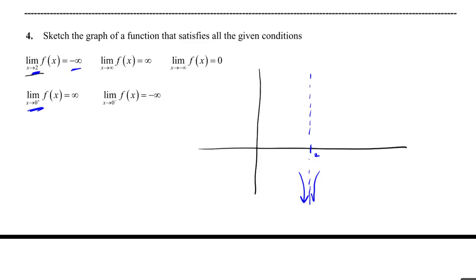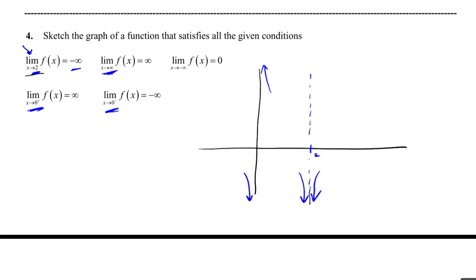All right, so those things I got from this first statement. So as I approach 0 from the right, I go off to infinity. Okay. As I approach 0 from the left, I go to negative infinity. So that just means I'd be doing something like that over there.